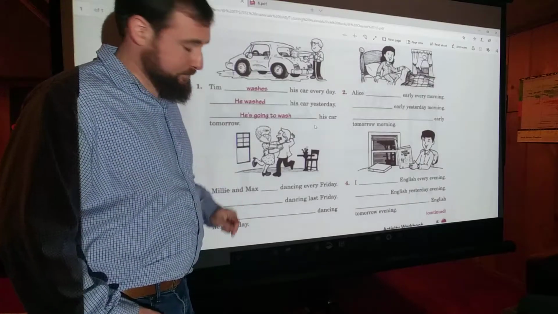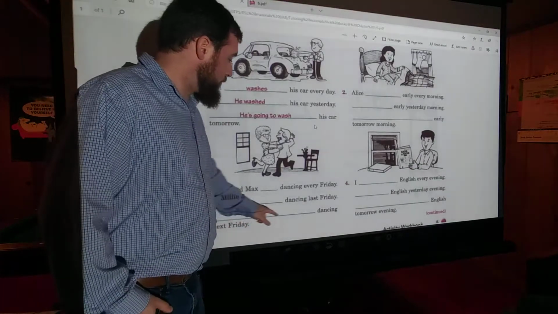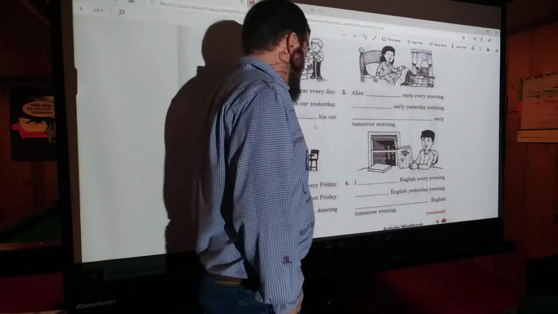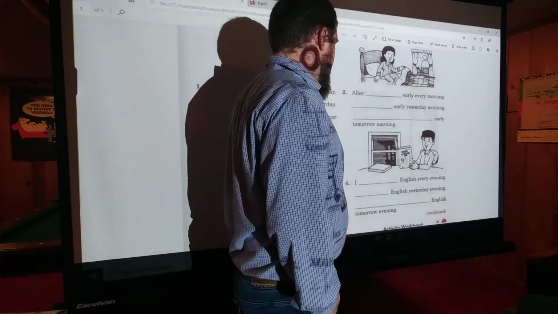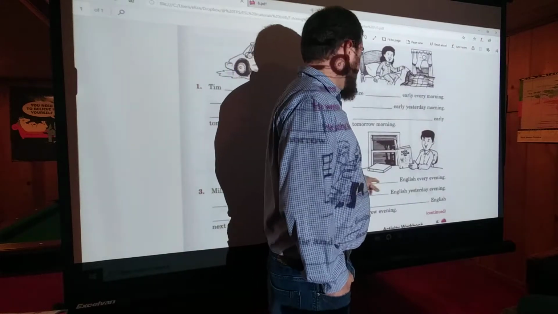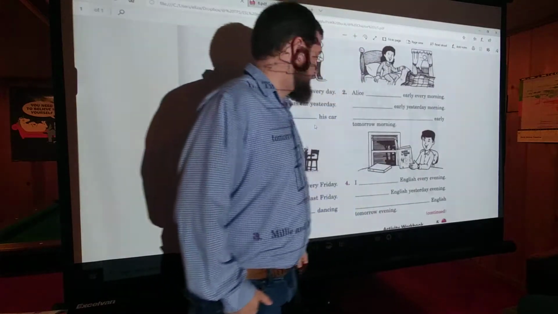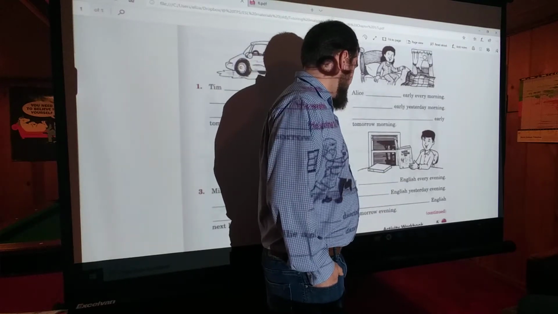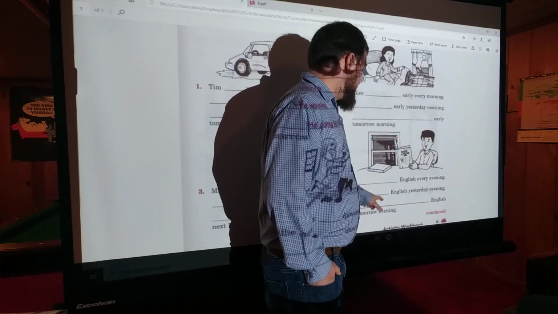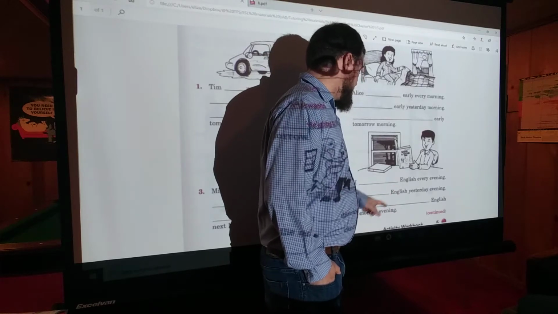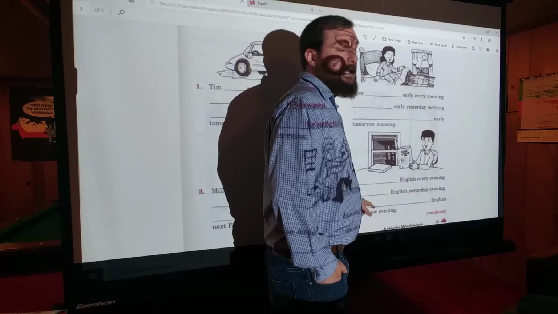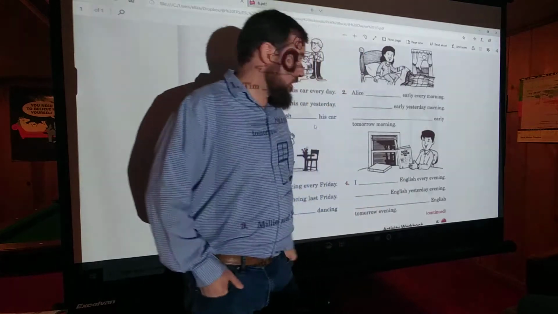That's also good. They're going to go dancing, or they are going to go dancing. Okay. Number 4. I study English every evening. I studied English yesterday evening. I am going to study English tomorrow evening. And again, you could say, I'm going to study English tomorrow evening. That's also good.